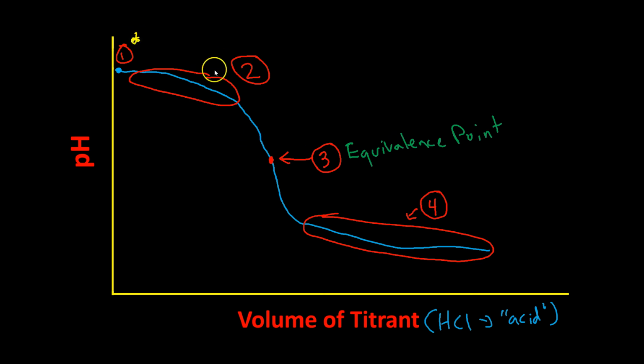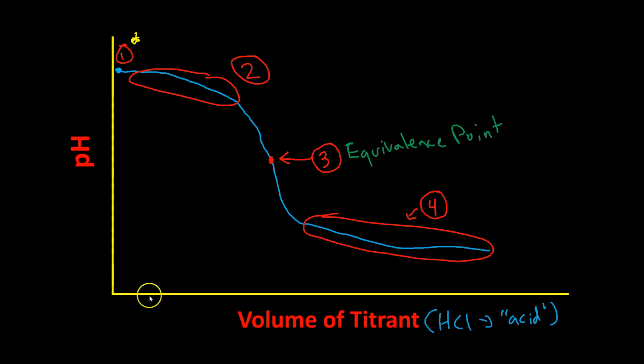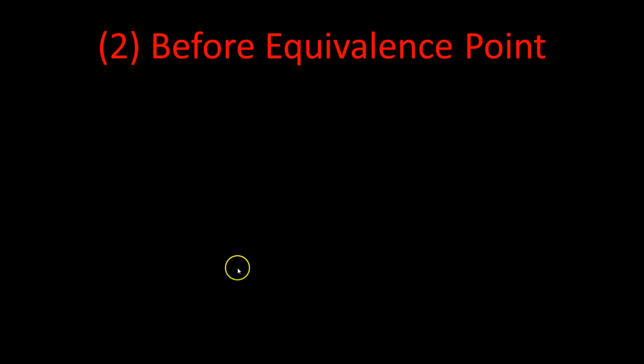Now we move on to section 2. Here we've added some volume of titrant, but we haven't gotten to this big drop. We haven't gotten to the equivalence point. So this is before the equivalence point, and this part we call the buffer region.